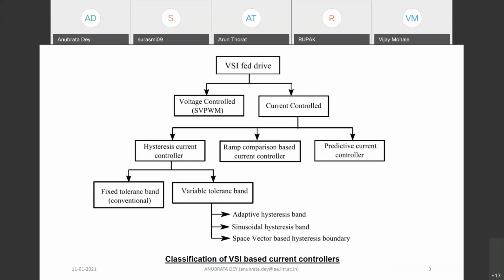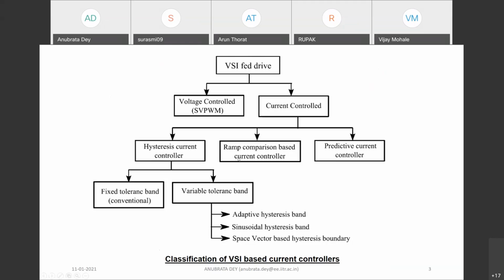So current control can be broadly classified into three areas: hysteresis current control, ramp comparison based current control, and predictive current control. Amongst these three, the hysteresis current controller is very popular because of its very fast acting and simple operation.